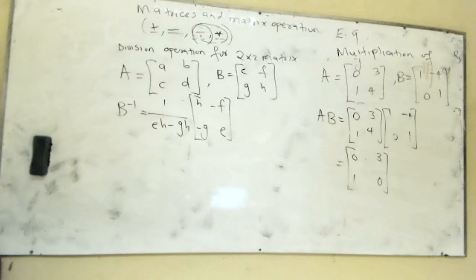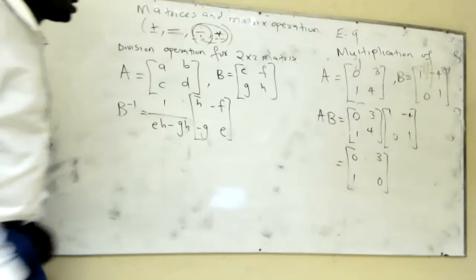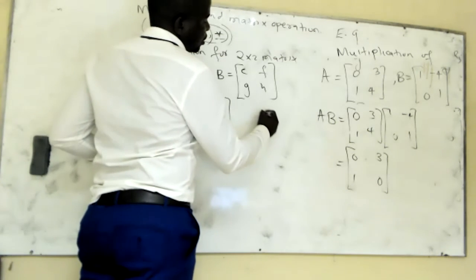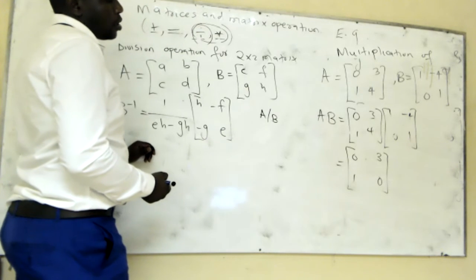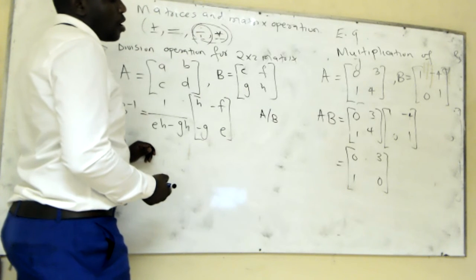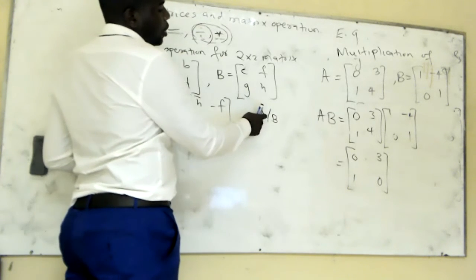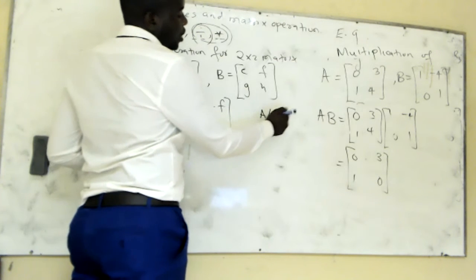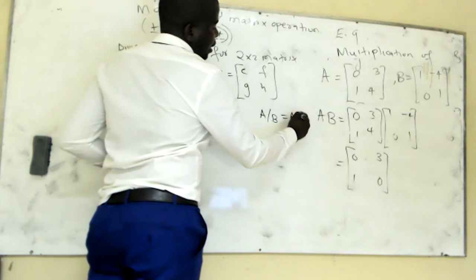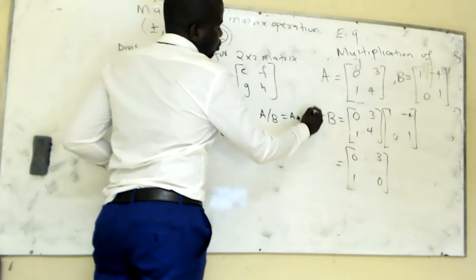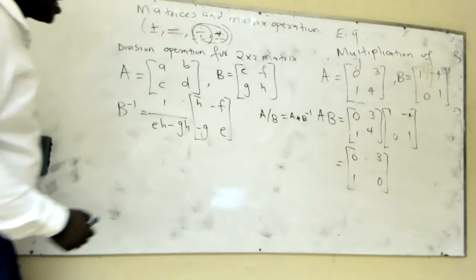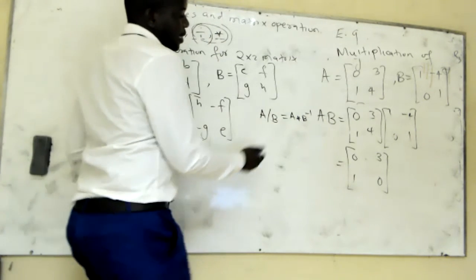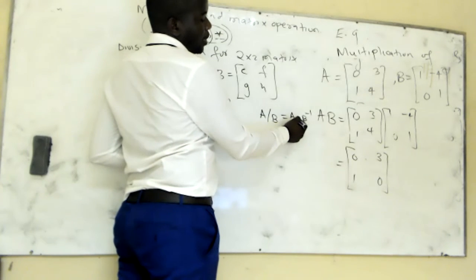Remember, our task is introducing the operation for dividing A by B, which is not possible to do in this way. Therefore, you need to write this as A multiplied by the inverse of B. You can even see the way I'm writing the multiplication here.